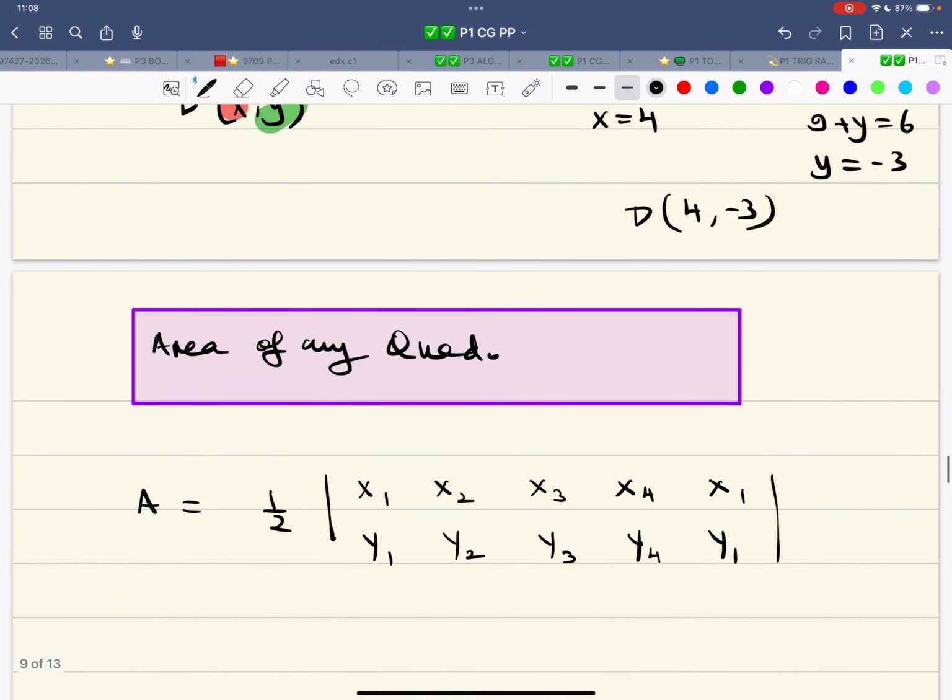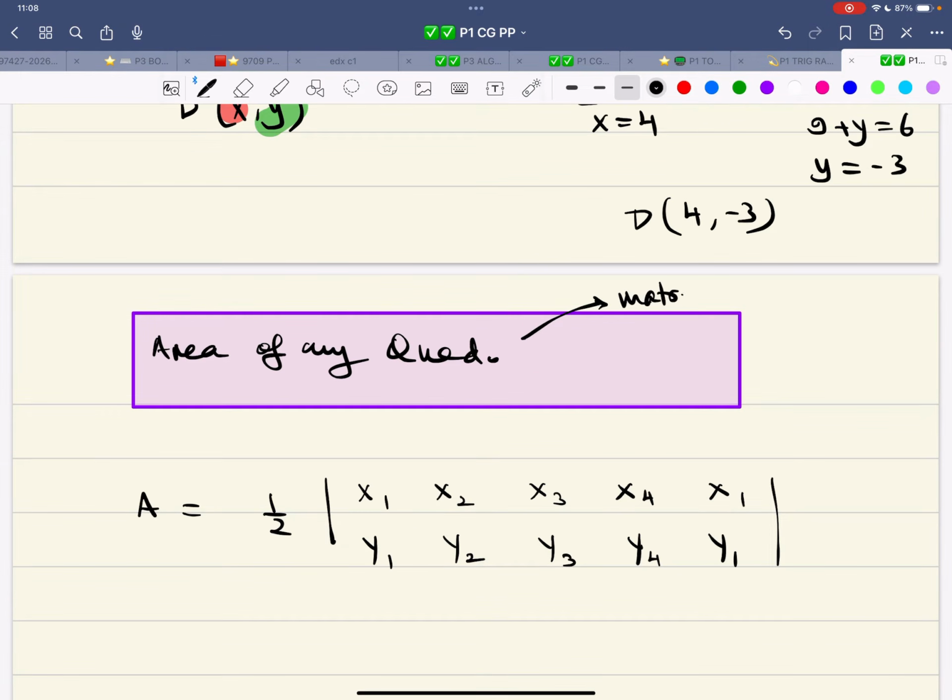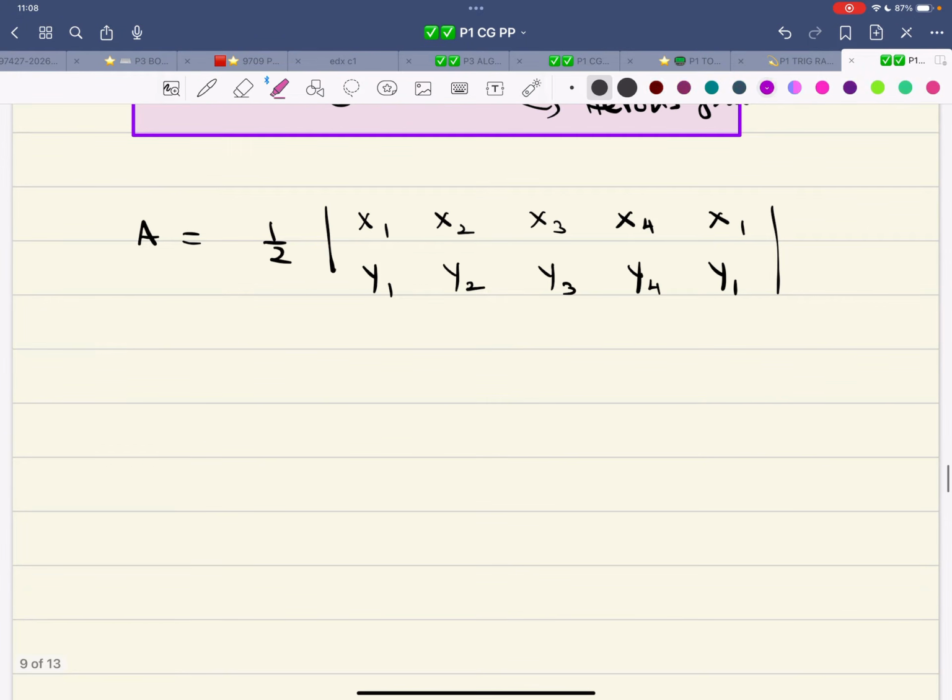Now this is known as the matrix method. This is known as Heron's formula. Different names are there. So basically we have to focus on the work. We multiply in this order like this. We multiply this way, this way, this way, this way. By the way, what are x1, y1 and so on? These are the vertices.